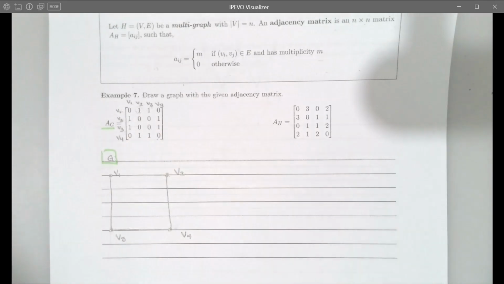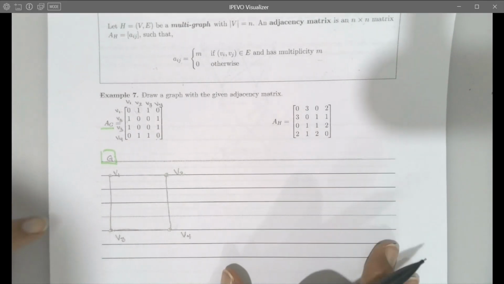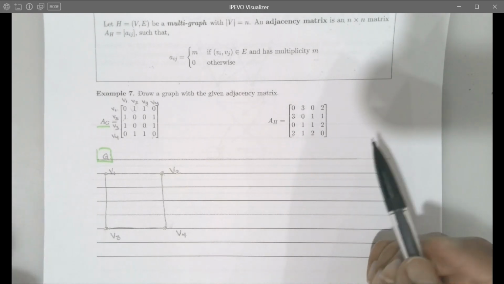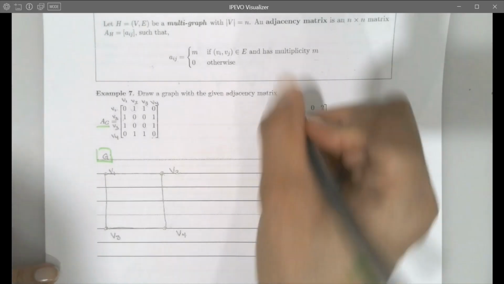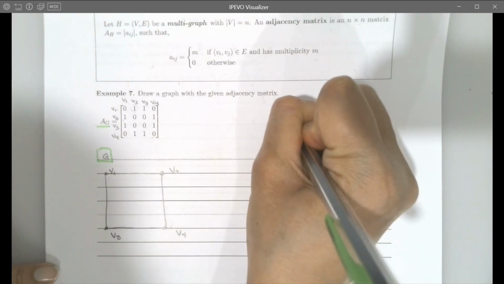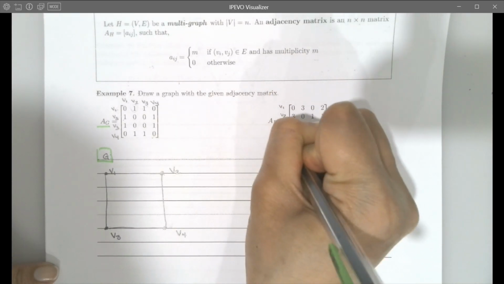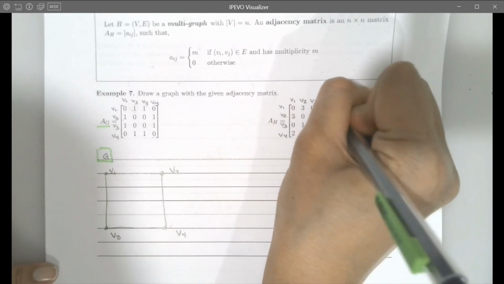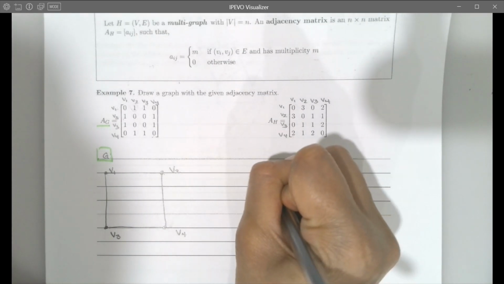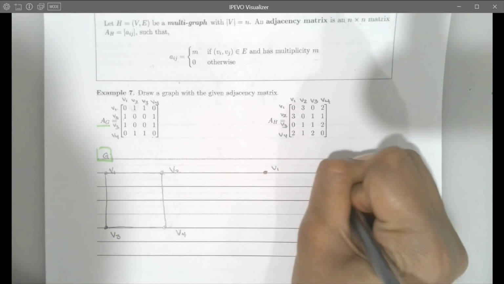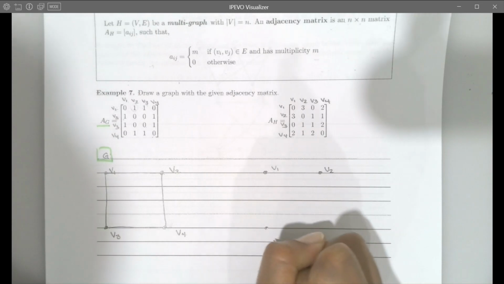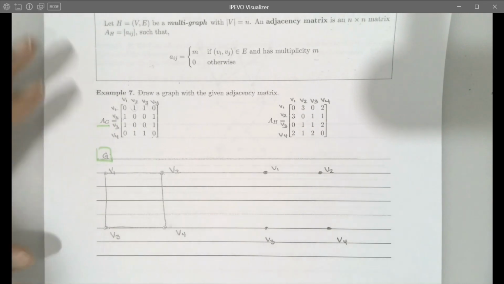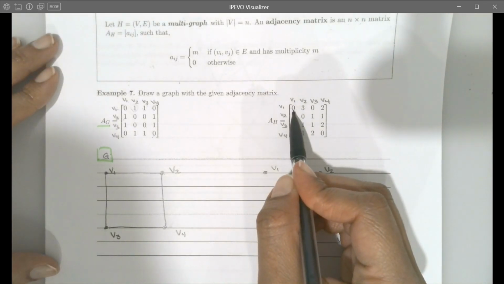Let's take a look at H now. For H, we have elements 3 and 2, so that means that we're looking at a multigraph. We still have 4 nodes, however. So V1 doesn't loop back to itself.